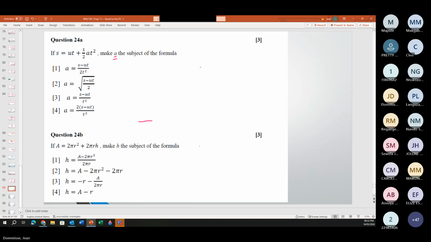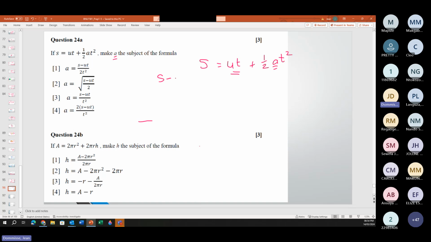First let's just write down what it was: s equals ut plus a half at to the power of 2. We need to get a as the subject. So first I will get rid of the ut.